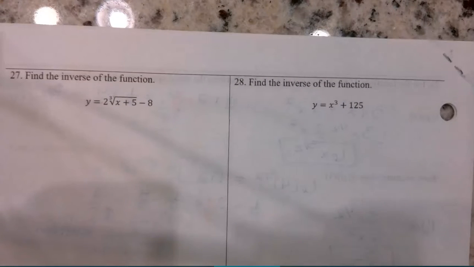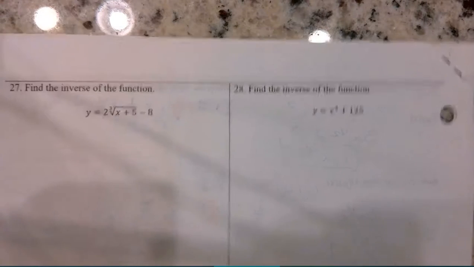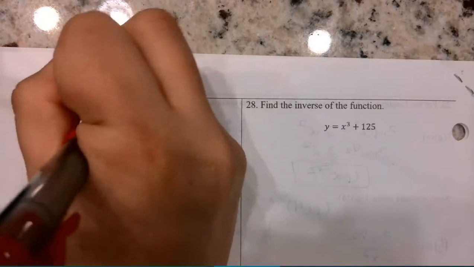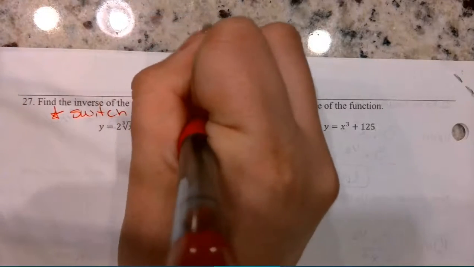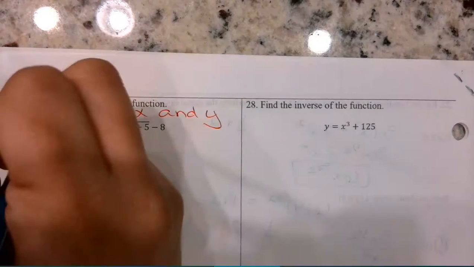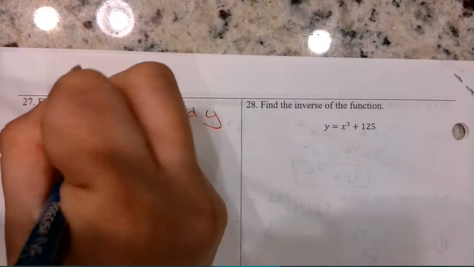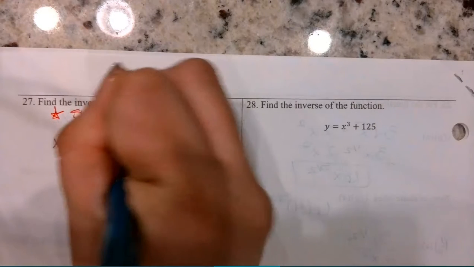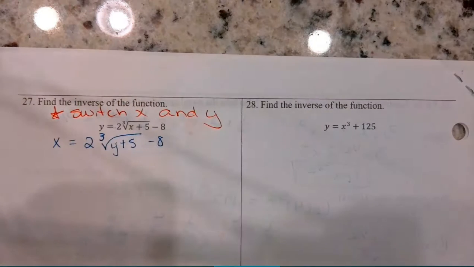Moving on, these want me to find the inverse functions. So, to find inverse functions, I always start off by switching x and y. I'm going to have x equals 2 cube root y plus 5 minus 8.